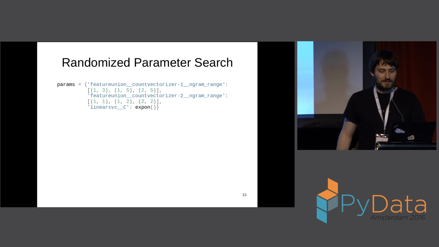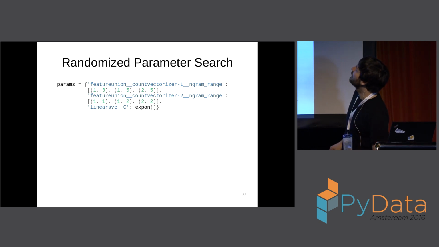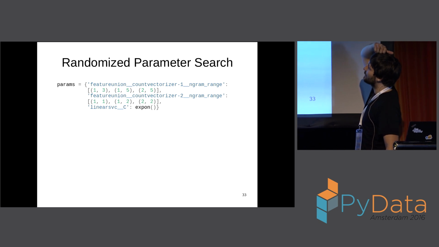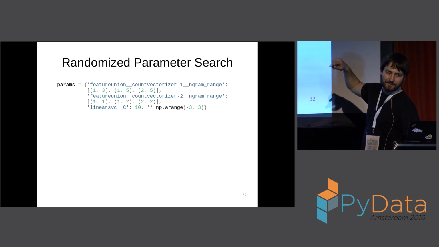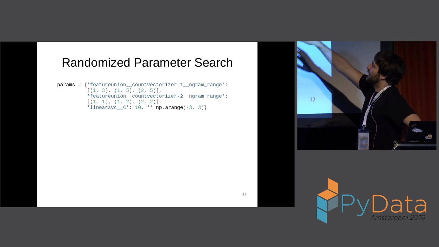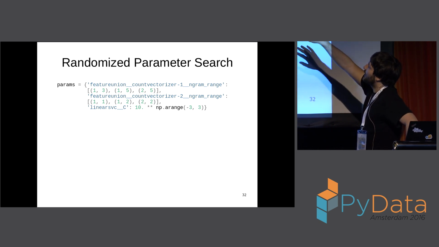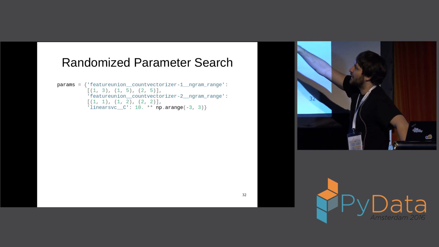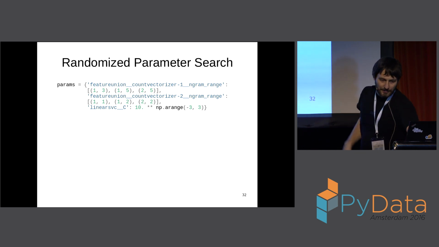Okay, this is a slightly more complicated example than what I thought I had. Before, basically, we had something like CountVectorizer with n-gram range, where we tried different parameters, and then we had LinearSVC, and we tried different parameters.